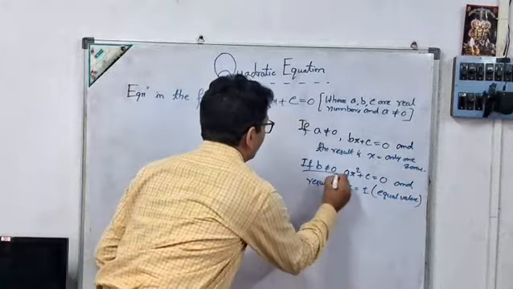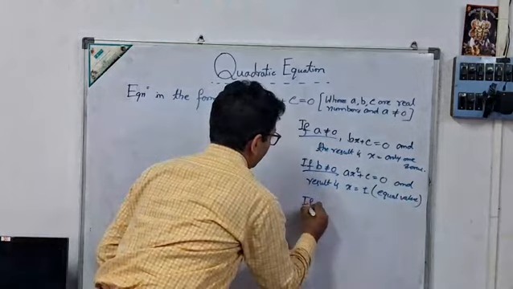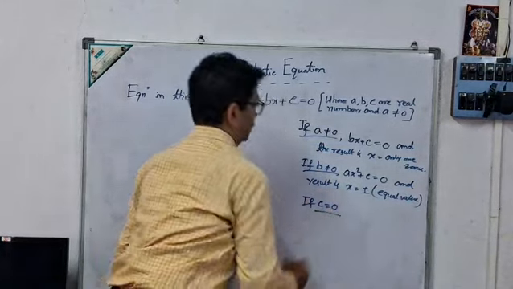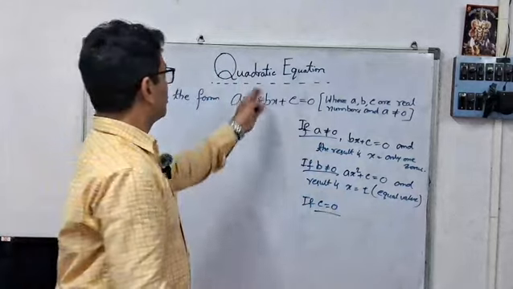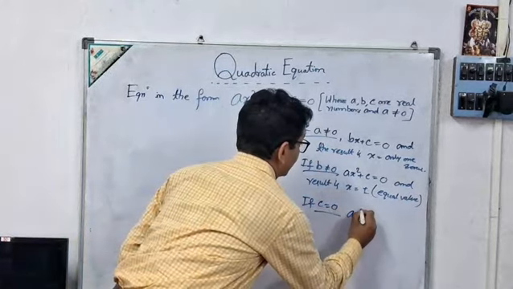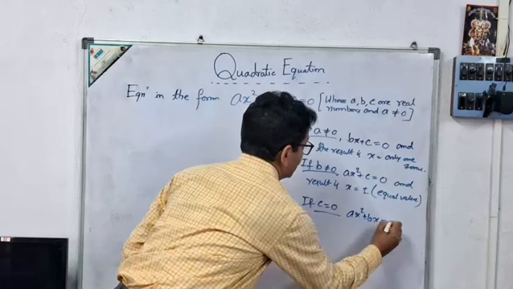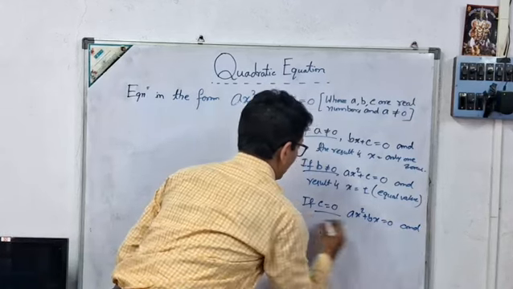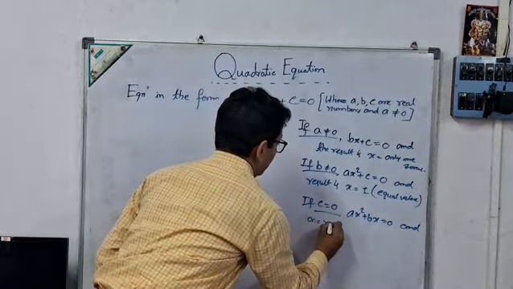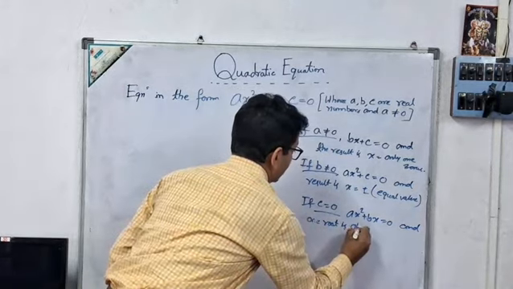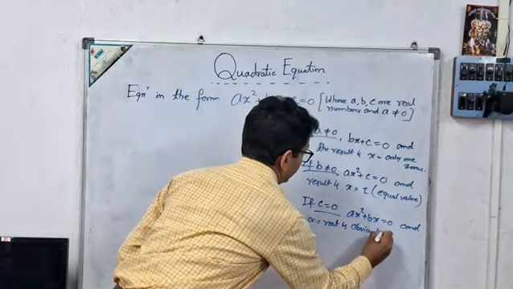And if c is equal to 0, then the equation becomes ax square plus bx is equal to 0, and one root is obviously 0.